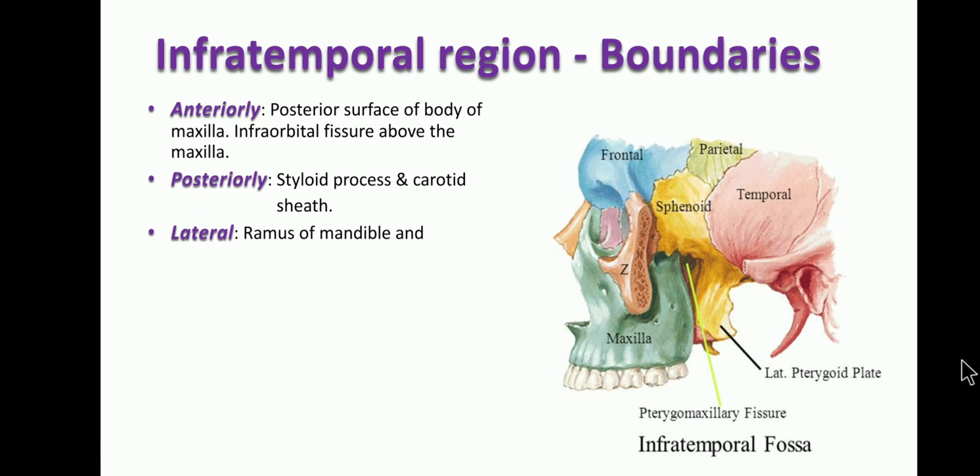And then followed by it, the coronoid process of the mandible. You can see that one of the processes of the mandible is the coronoid. The anterior process is called the coronoid process. So anteriorly, posteriorly, and laterally, these are the bony landmarks.